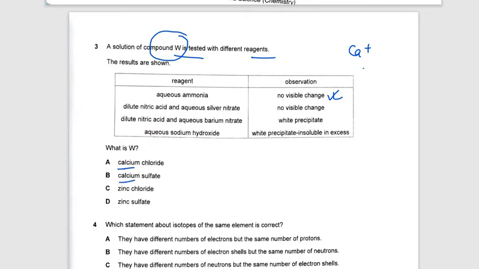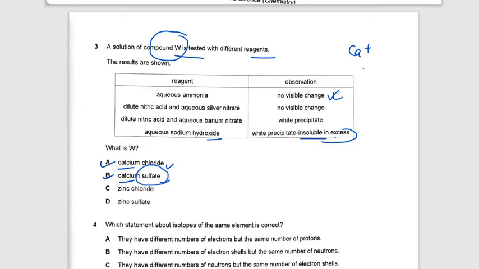Then they are saying that when you put dilute nitric acid and aqueous barium nitrate, you'll see a white precipitate. When you put aqueous sodium hydroxide, they are showing you a white precipitate. It means it is your calcium, which is insoluble in excess. Now A or B. After that you have to figure out whether it is sulfate or chloride.